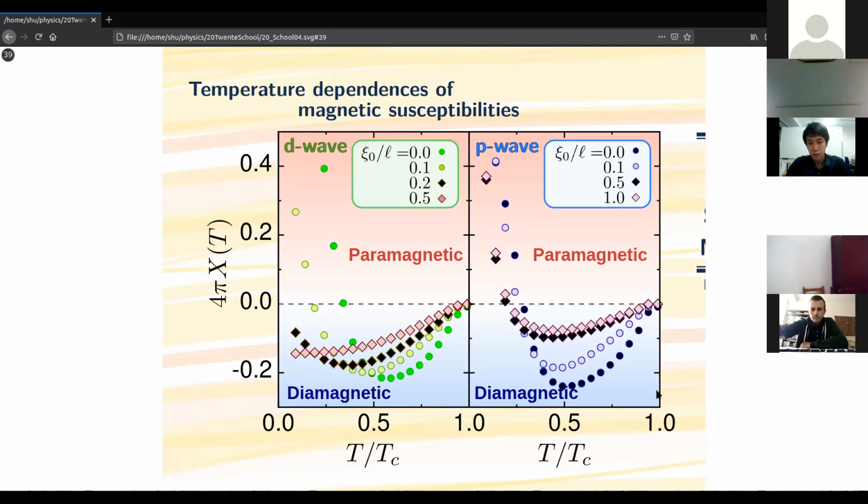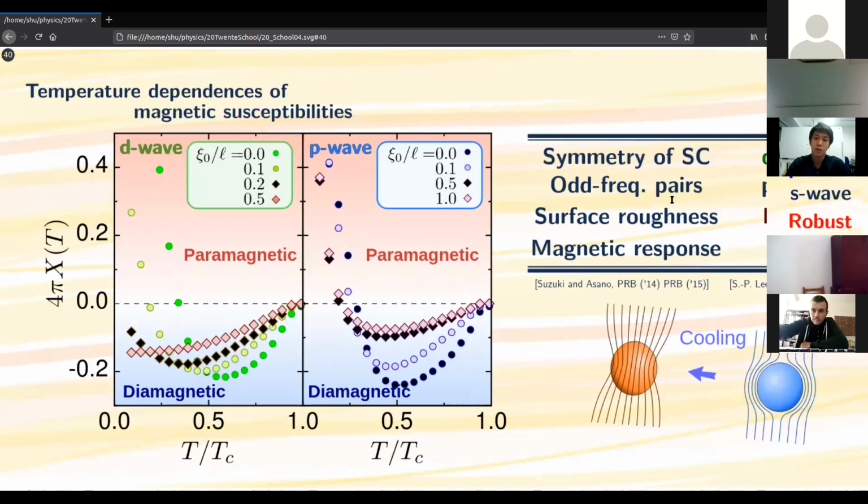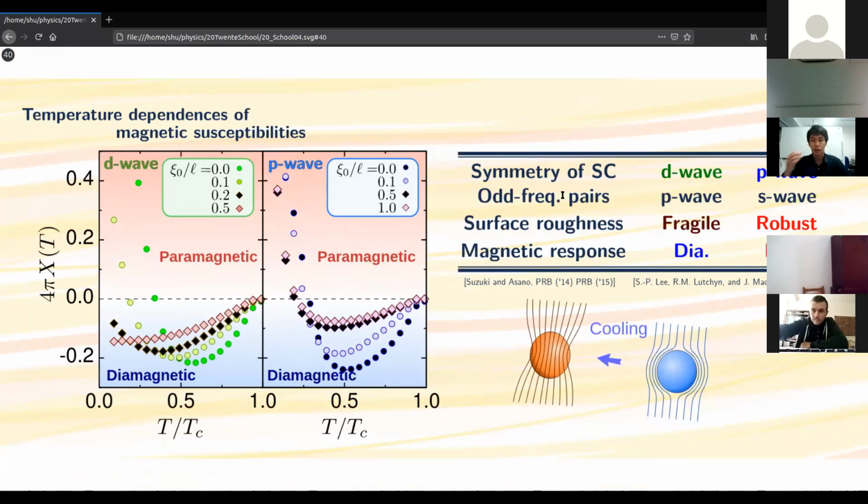On the other hand, the paramagnetic effect of the P-wave superconductor is quite robust against the surface roughness. The difference between these two can be understood by the orbital part of the odd frequency pairs. In the D-wave superconductors, the induced odd frequency pair has the P-wave symmetry.